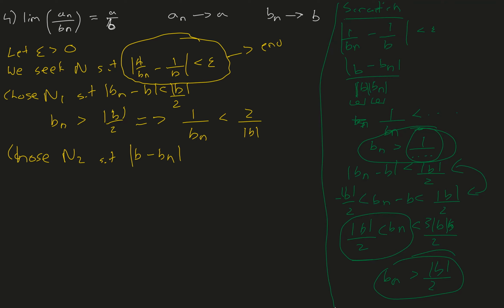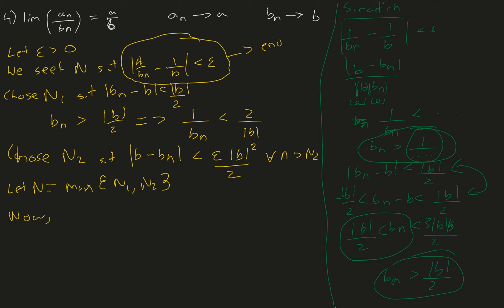So modulus of b minus bn is exactly equal to modulus of bn minus b. So choose n2 such that modulus of b minus bn is less than epsilon b square over 2 for all n greater than n2. Let n equal the max of n1 and n2.